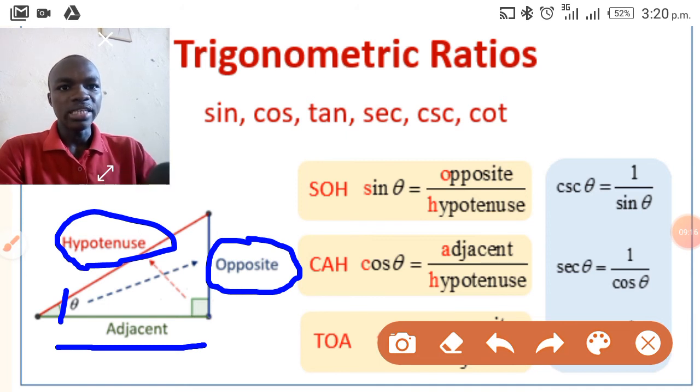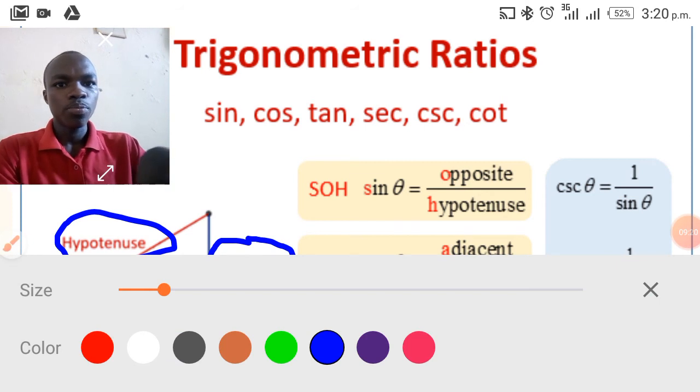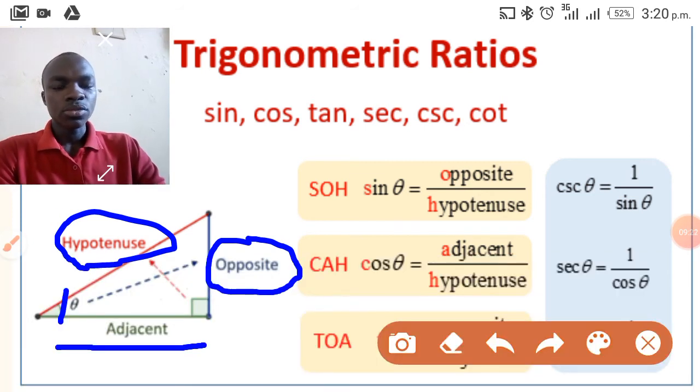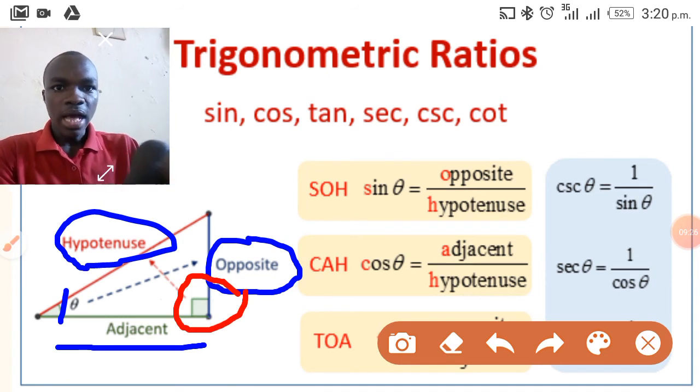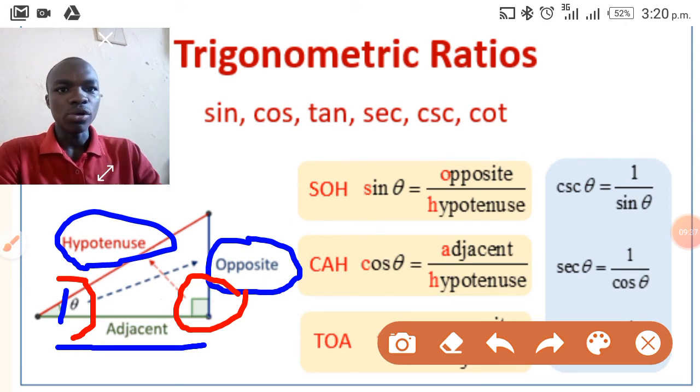Adjacent is the line that, if you look, your right angle and the angle theta fall on the same line. All of them are on the same green line.